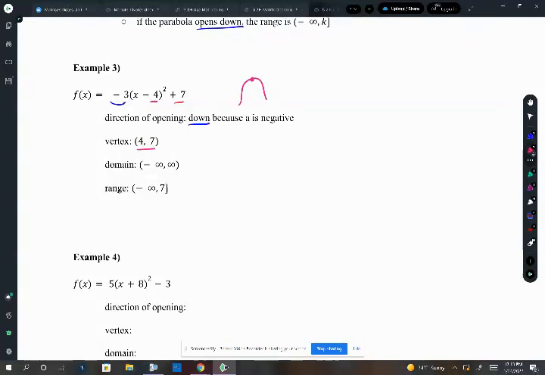Now, if I wanted to graph this, then I would need one more piece of information. And so I could find a y-intercept, and to find a y-intercept, I would need to know what happens when x is 0. And then you could plug that in. So I could go negative 3 times (0 minus 4) squared plus 7.